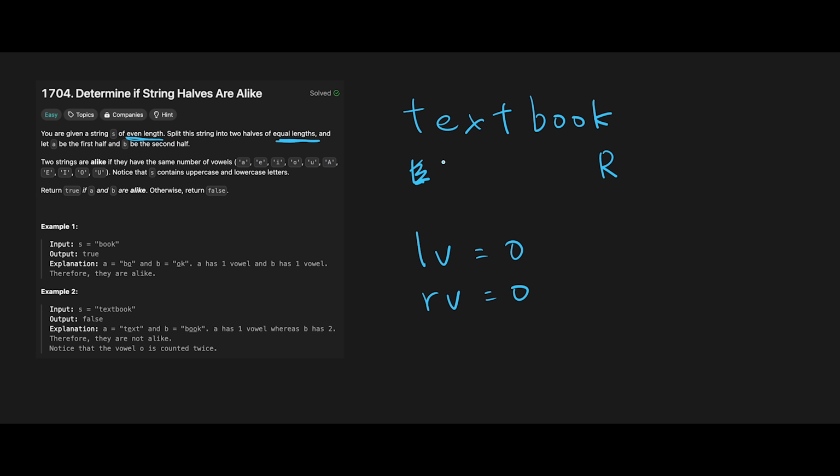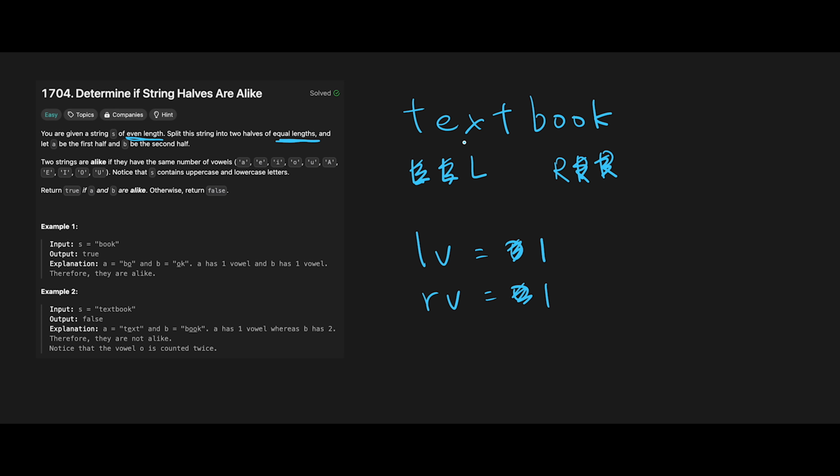The left pointer moves to index 1, and the right pointer moves to last index minus 1. Now the left pointer is pointing at E, which is a vowel, so we add 1 to LV. And on the right side, O is also a vowel, so we add 1 to RV, and then move next.